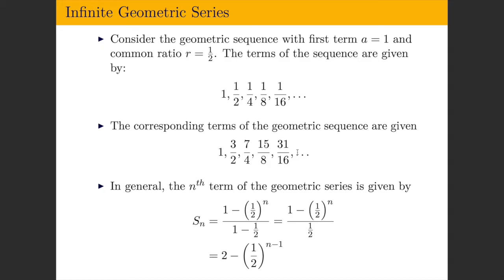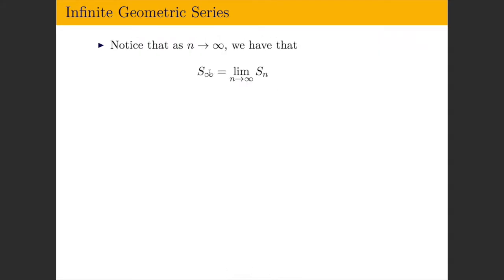And we're going to explore that through the idea of limits. So, we could say that as n approaches infinity, the series approaches this limit: as n tends to infinity, we want to know what Sn goes towards.